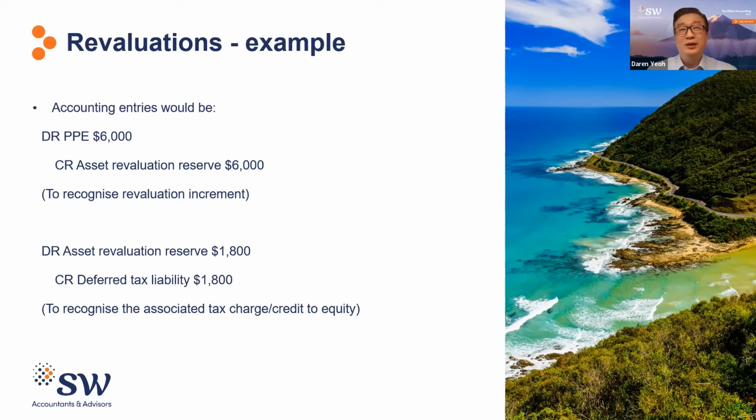The answer is you need to credit your income tax or deferred tax expense account. Why? Because accounting depreciation is going against the profit and loss statement. So whatever is sitting in your asset revaluation reserves stays there. And then when you dispose of that asset, you simply move the entire revaluation reserve to the capital profits reserve or the retained profits.